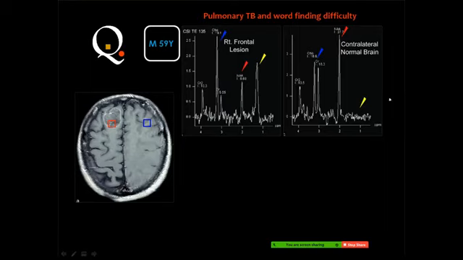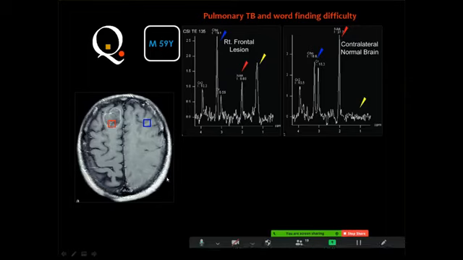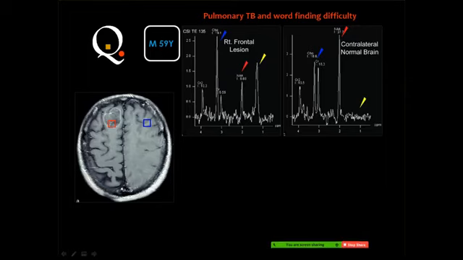And this patient had pulmonary TB, and word finding difficulty, meaning that some deterioration of the memory and so on. And this is an MR spectroscopy, including a contrast enhanced T1 weighted image.